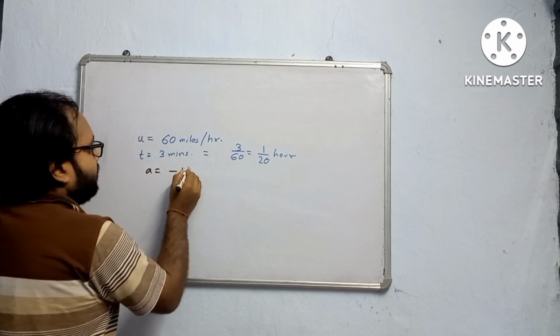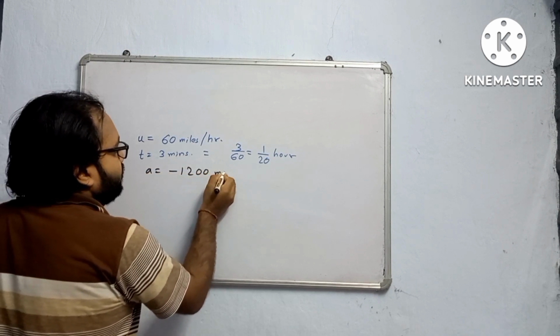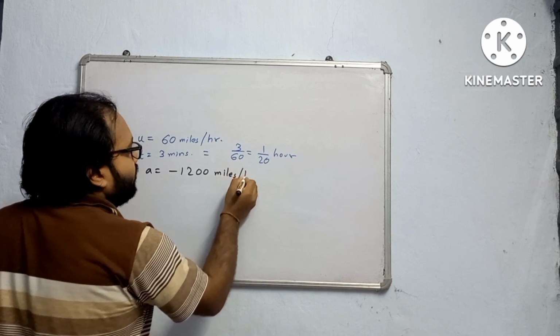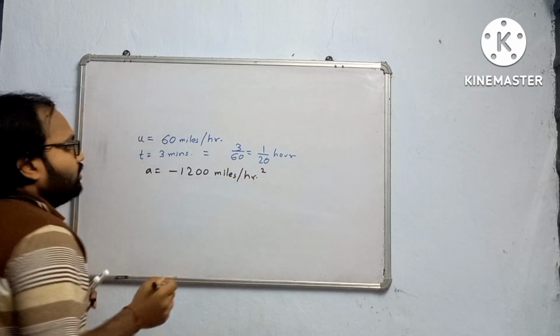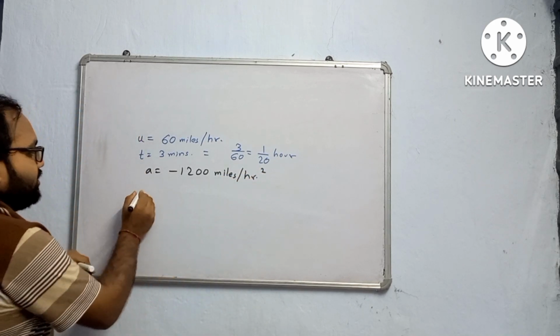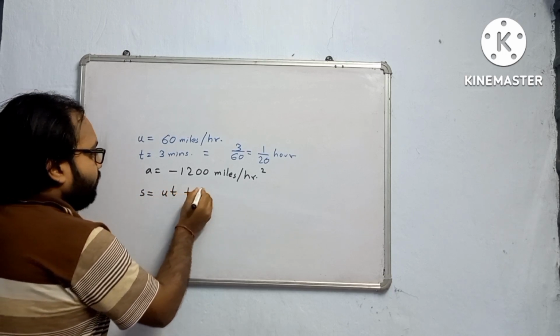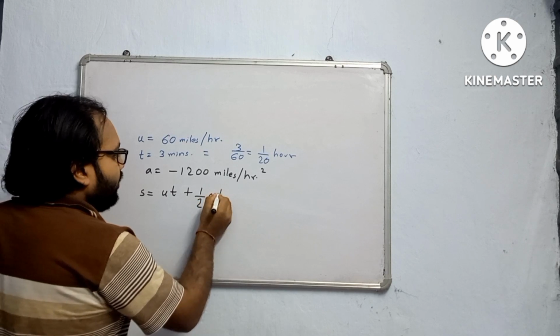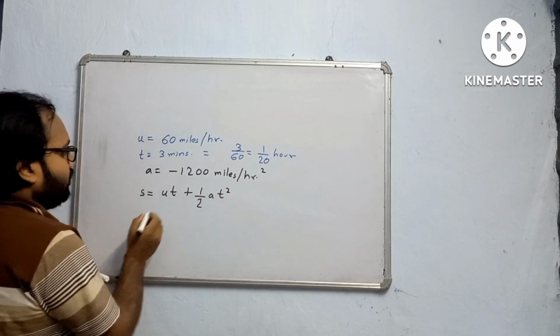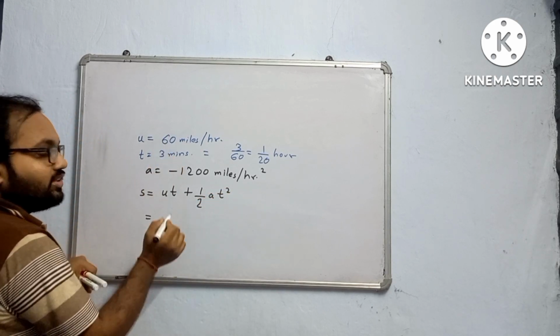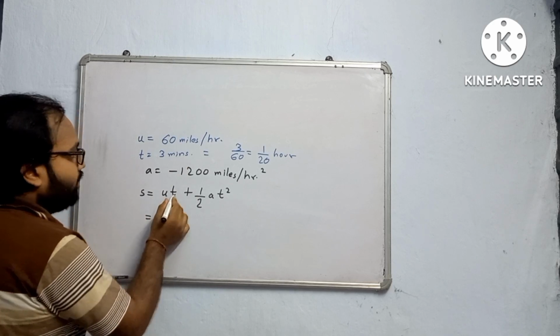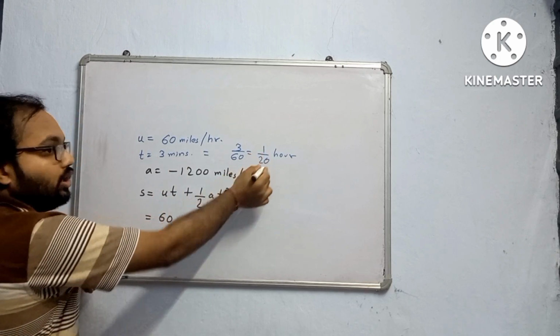Acceleration was minus 1200 miles per hour square. Distance traveled, s is equal to ut plus half at square. Now u is 60 miles per hour, we will write 60. Time is 1 by 20 hour.